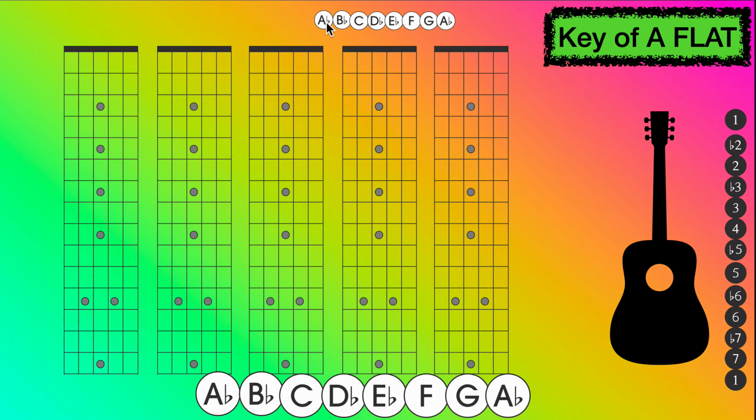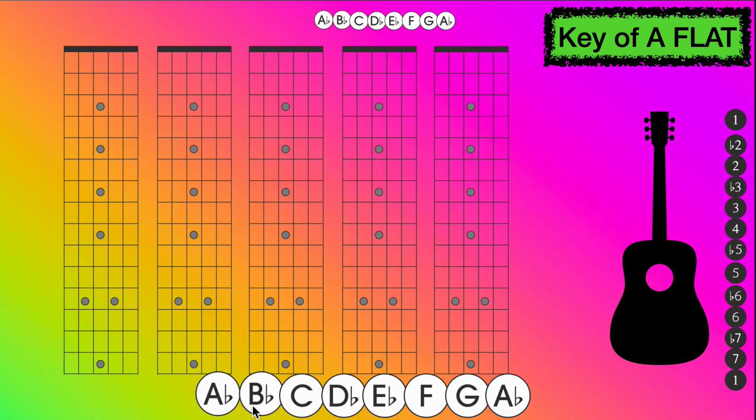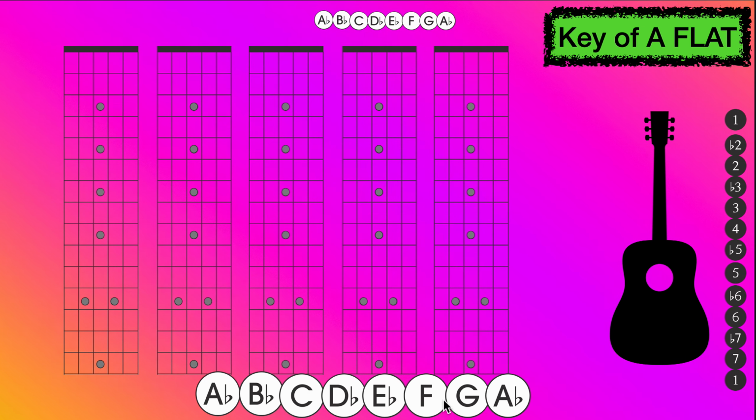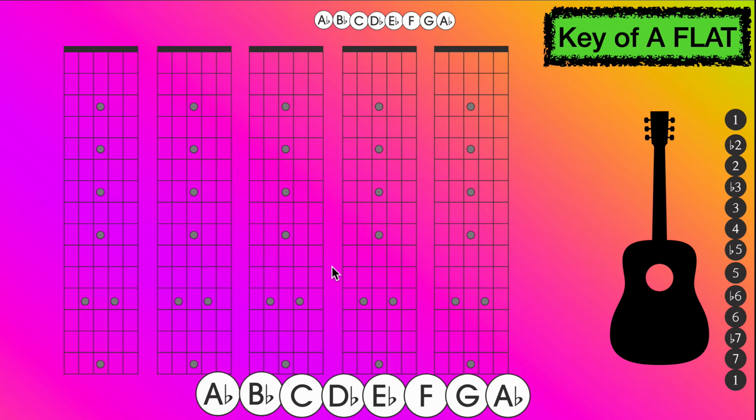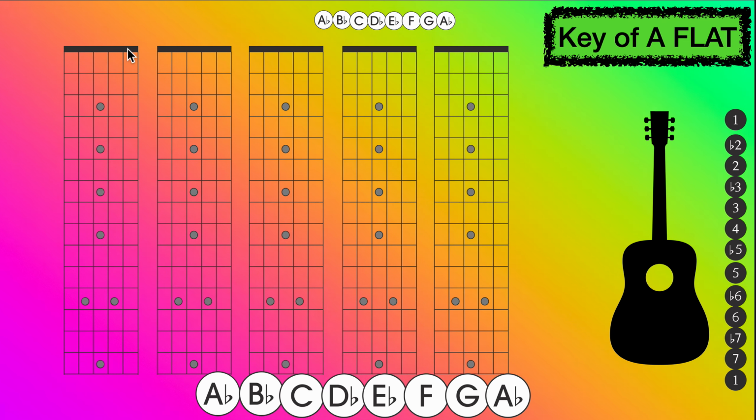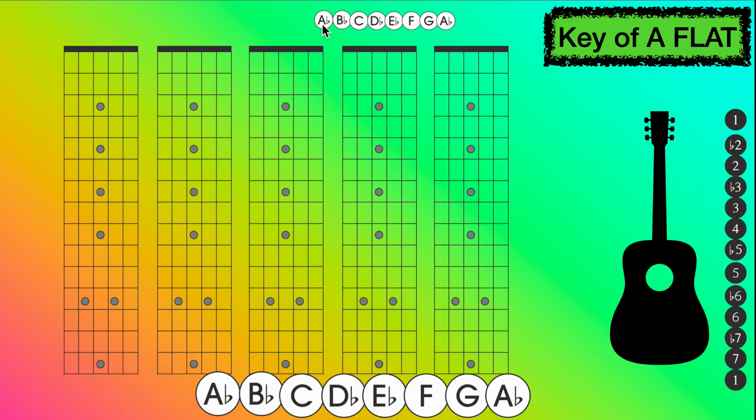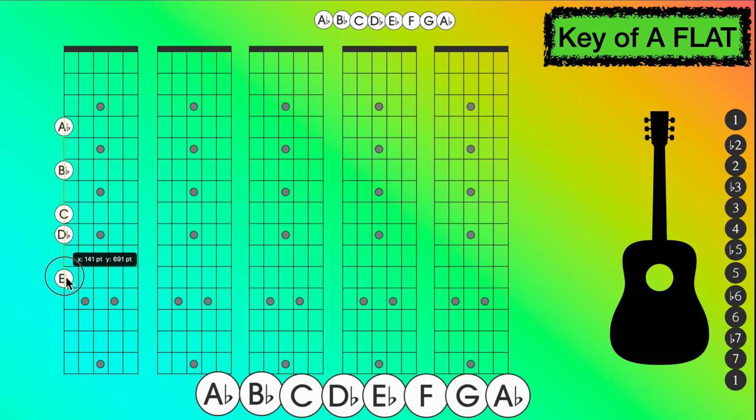So what is A flat? A flat is the spelling A flat, B flat, C, D flat, E flat, F, G, A flat. Why these flats? Well, in order to produce an A flat major scale, we have to go A flat, B flat, C, which is a whole step, D flat. So no matter what, the major scale is produced in the same way with whole steps and half steps.